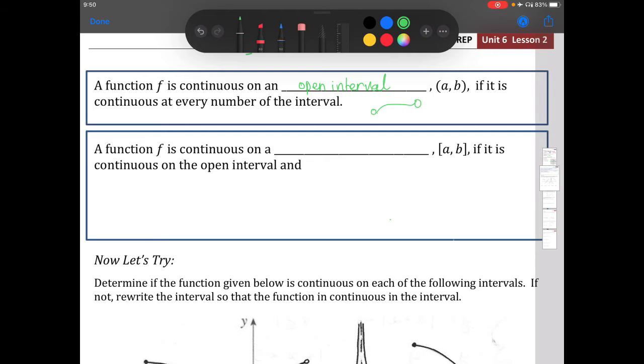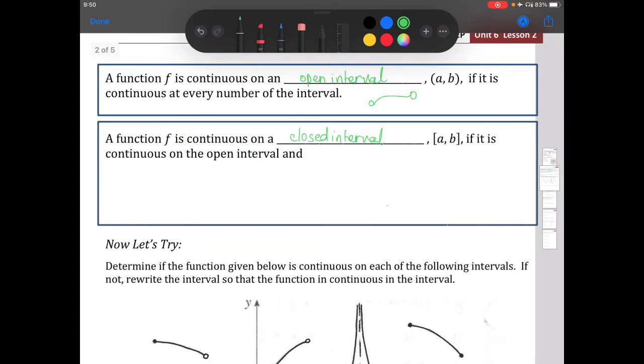Our function f is continuous on a closed interval [a, b] if it is continuous on the open interval (a, b), and let's write this down and then I'll explain. It's very self-explanatory.